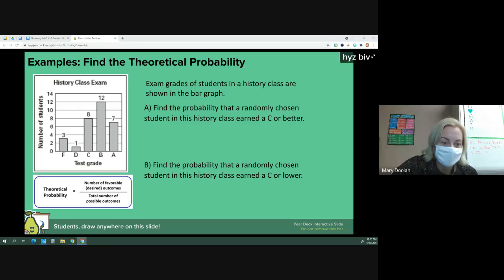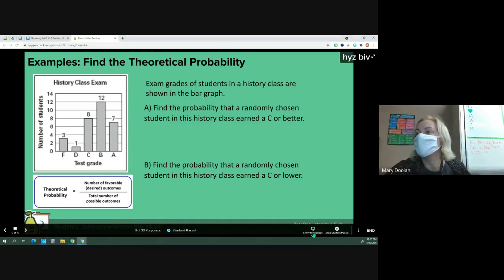And if you're typing, I know it kind of gets crowded, so you might want to change the size of how big you're typing.